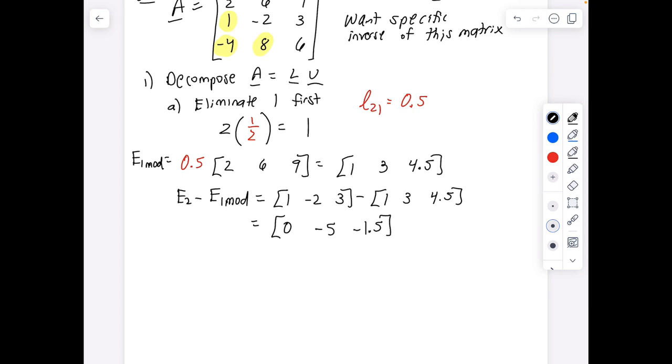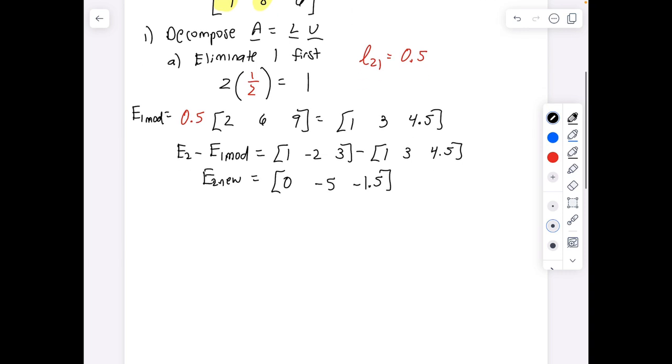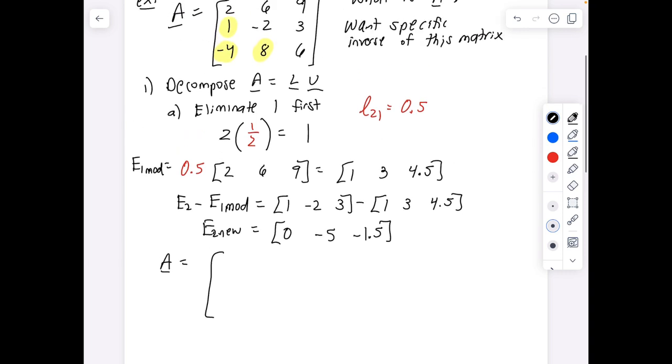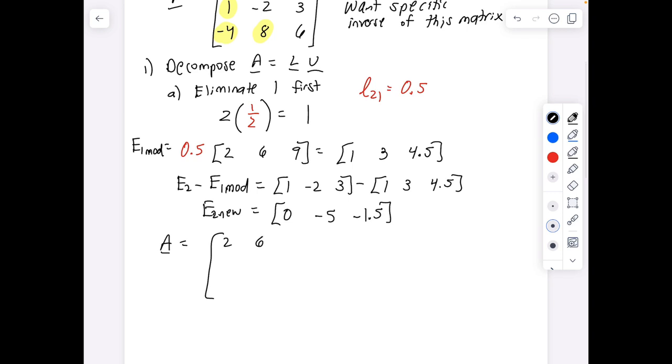And this is going to be our new equation 2. So A at the moment, if we compare, it's going to be 2, 6, 9, our new equation 2, which we just eliminated that element in row 2, column 1. And then our third row hasn't changed yet. So that's our A at the moment.